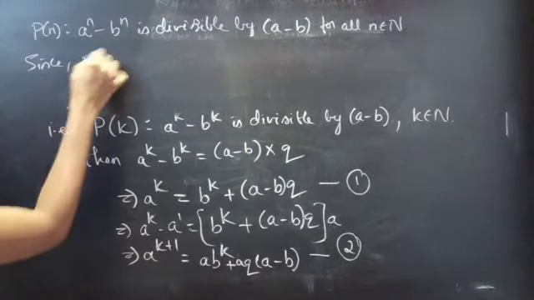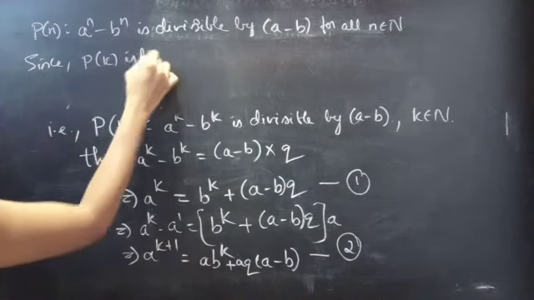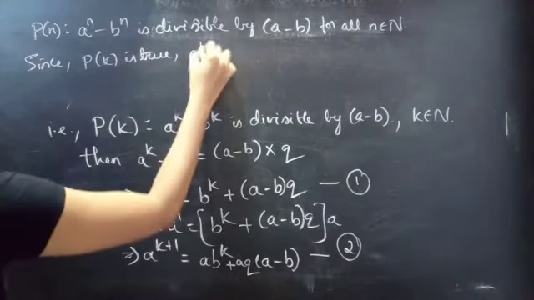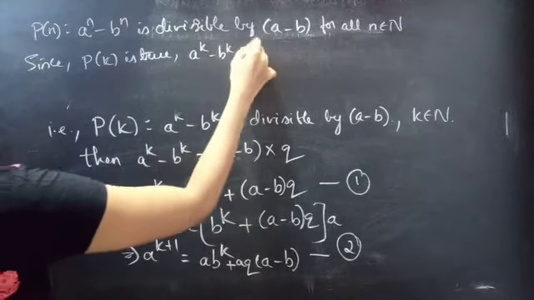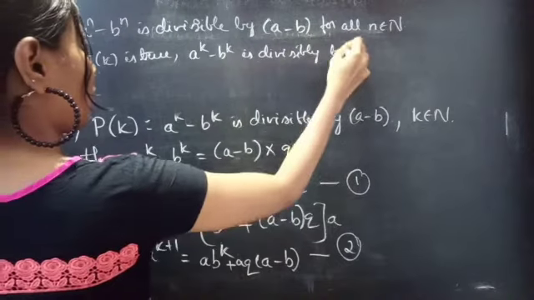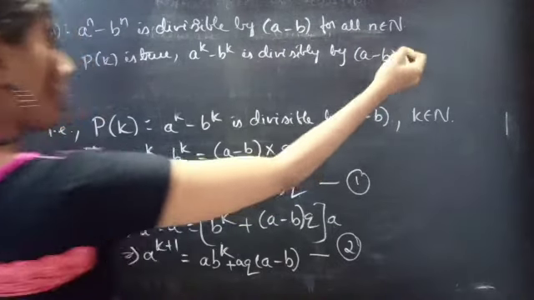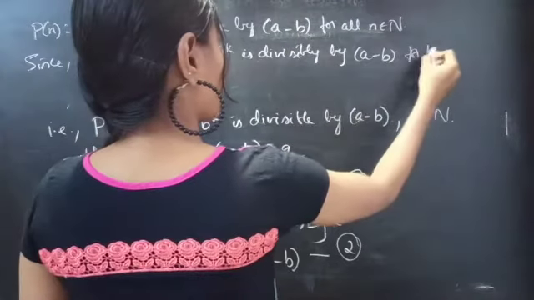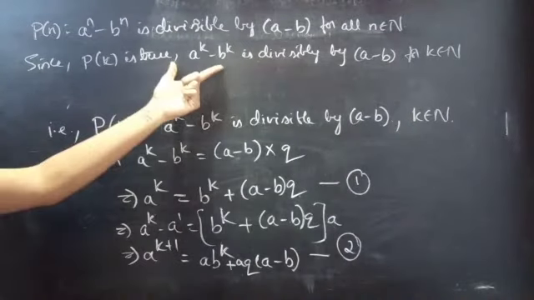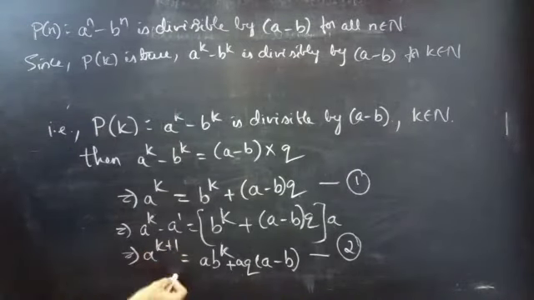Since P of k is true, from this we have a power k minus b power k is divisible by a minus b for some k belongs to natural numbers. Again, from this condition we got two equations, right?